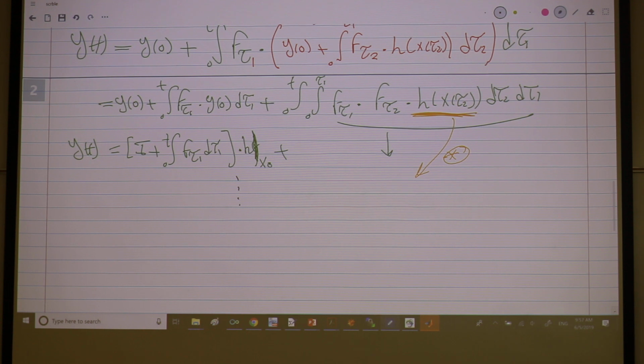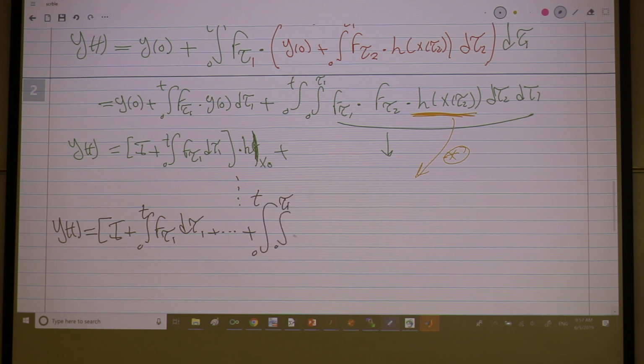So at any level you have y of t is identity plus the integral from 0 to t of f tau 1 d tau 1 plus yada yada. This is the integral from 0 to t, 0 to tau 1, up to 0 to tau k minus 1. This is the kth term: f tau 1 up to f tau k, d tau k up to d tau 1.